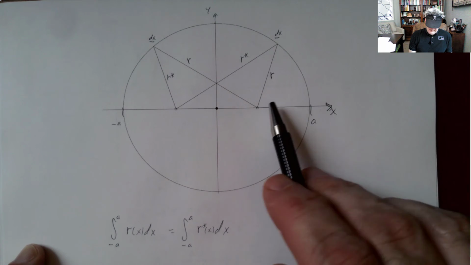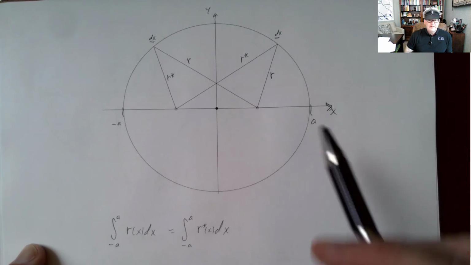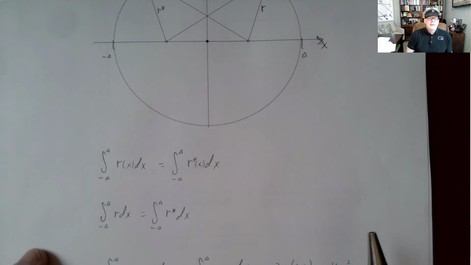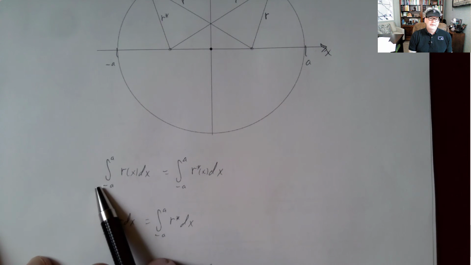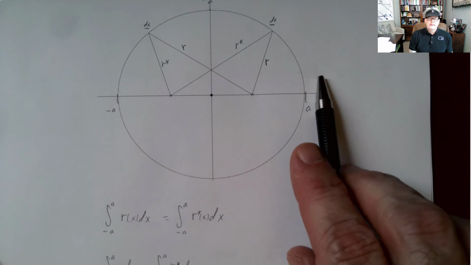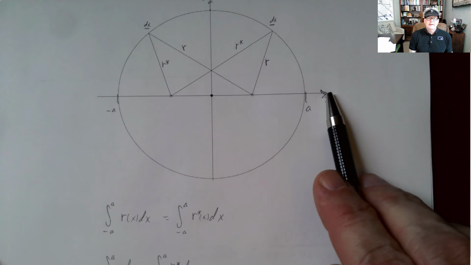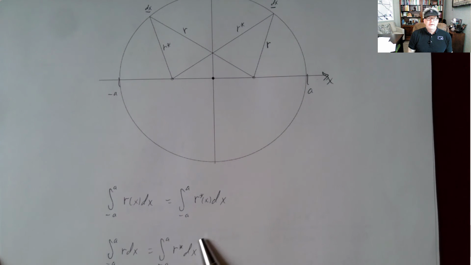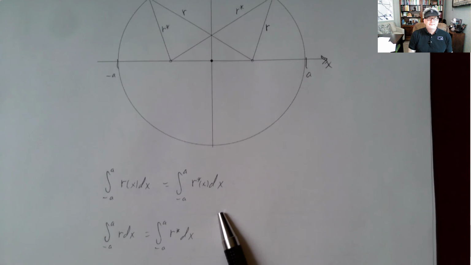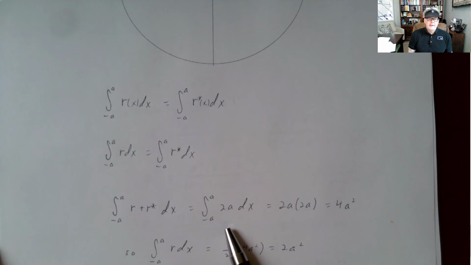But so again, r star, dx. So it's the same argument, but now it's centered at the origin, so we'll integrate negative a to a, r. If you go all the way around, let's just do the top half of the ellipse, the integral of r will equal the integral of r star by the symmetry, and their sum is going to be 2a at every x.